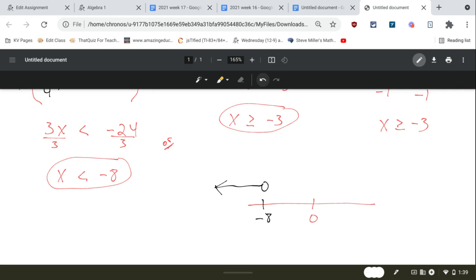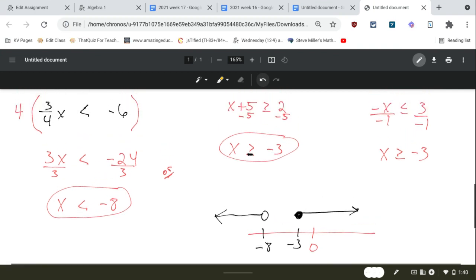So I would go to the left, and then for the other one, I'm going to do a closed dot at -3. It's a closed dot because it's got that little bar underneath it right here. The or equal to means that you're going to include -3. And it's going to be going to the right. So on an OR statement or an OR inequality, the arrows will typically go in opposite directions of each other.